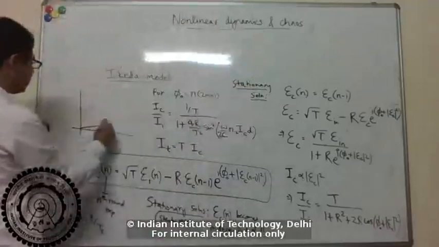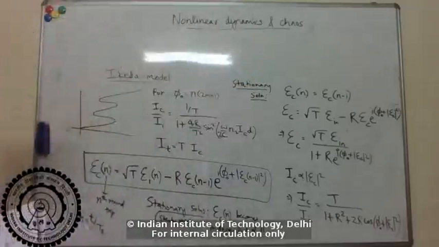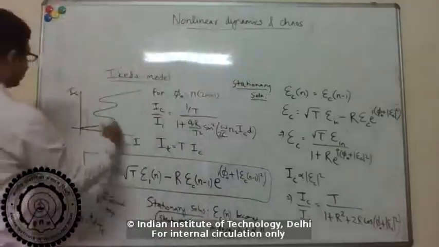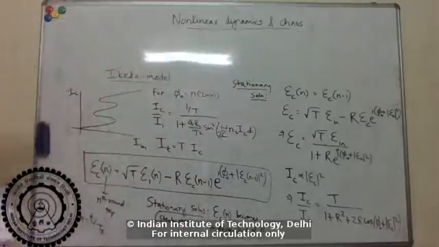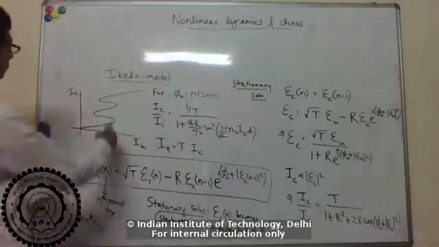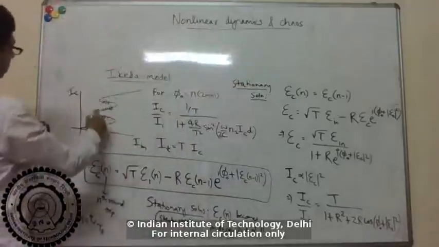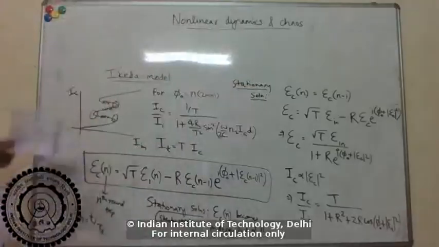So depending on the number of intersections, you could have branches where you have multiple solutions. So this is IT as a function of I input. And again, some parts of this will be unstable, some parts will be stable. And it can get quite complicated.